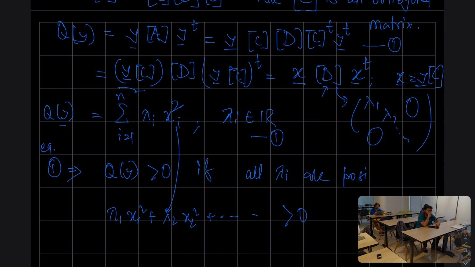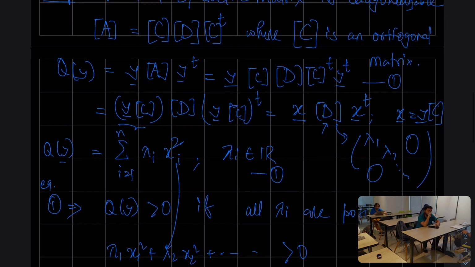For positive lambdas, it has to be positive. But we have not shown that the lambdas are positive. We're saying the lambdas are real, we're not saying they're positive. So you can have some of the lambdas negative and still Q would be positive.